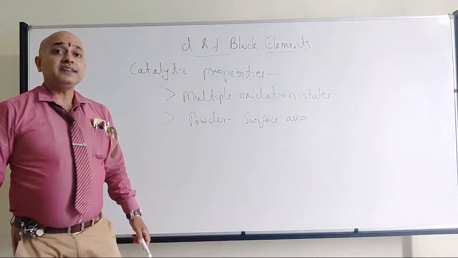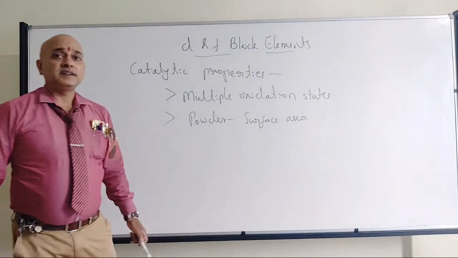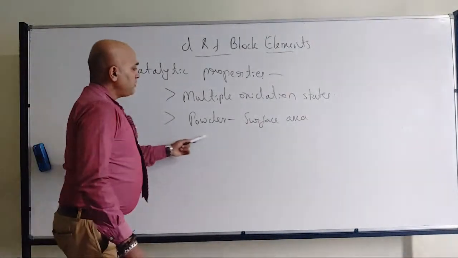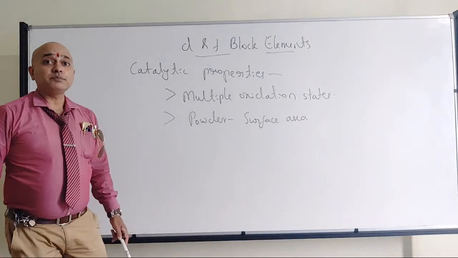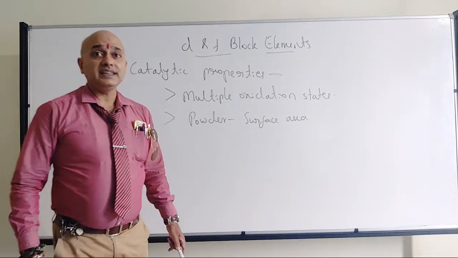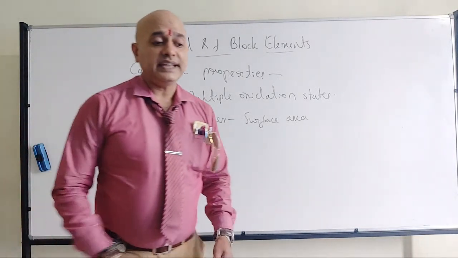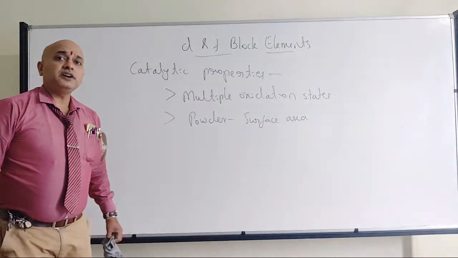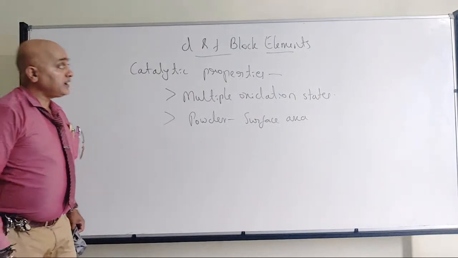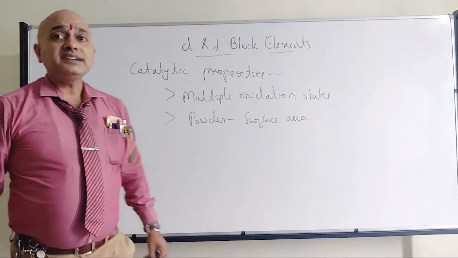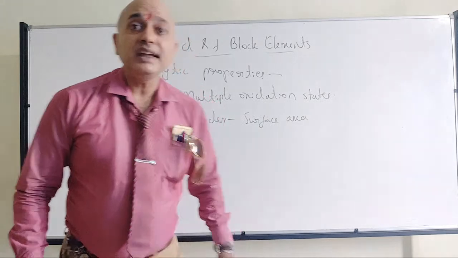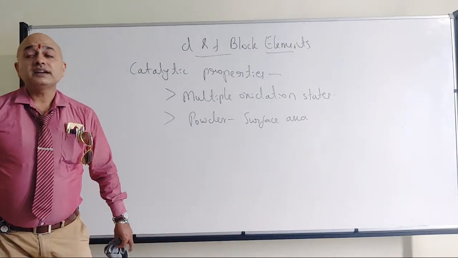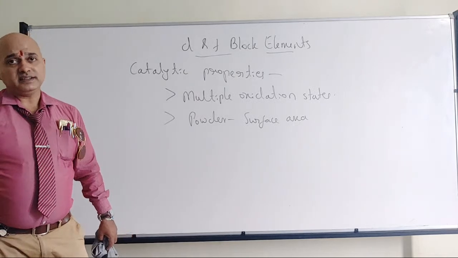Alkali or alkaline earth metals, especially alkali metals, are soft, right? Therefore, the powder form of these transition metals will be helpful in providing the large surface area. Fine? Any doubts? So these are the two major reasons why transition metals can act as catalysts, unlike other alkali or alkaline earth metals.